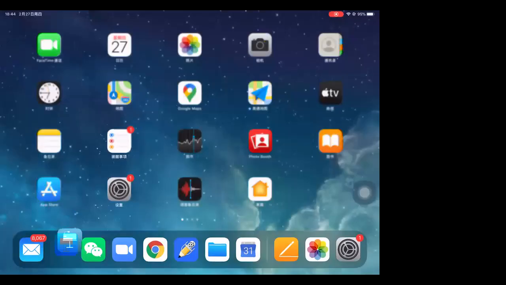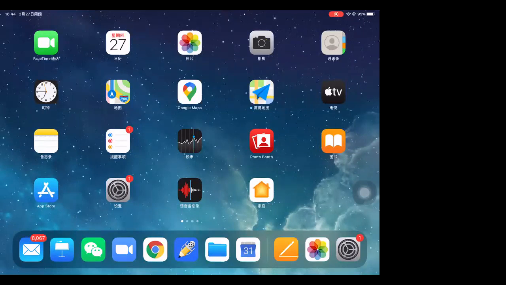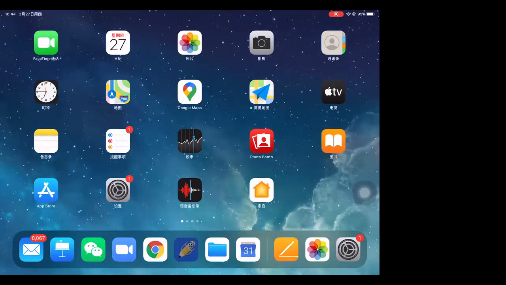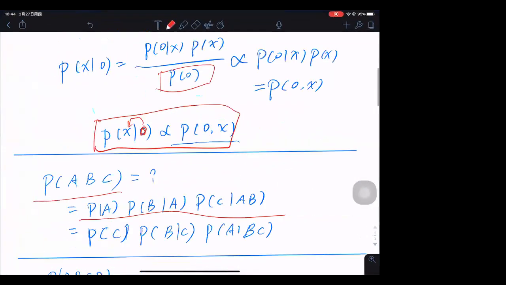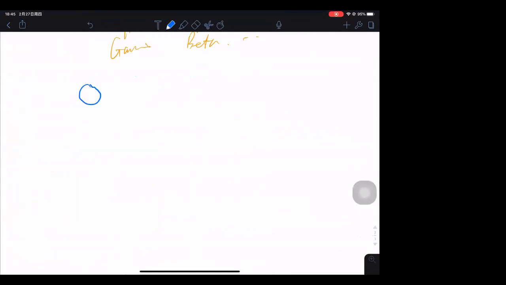If we draw that on the graph, if you know whether the door is opened or not, that's X, then Z1 and Z2 will be conditionally independent.